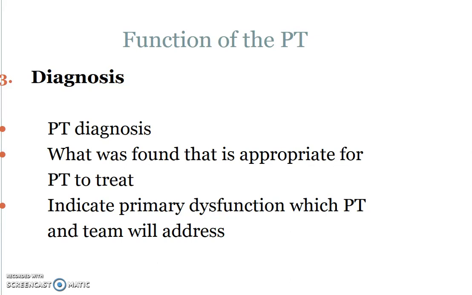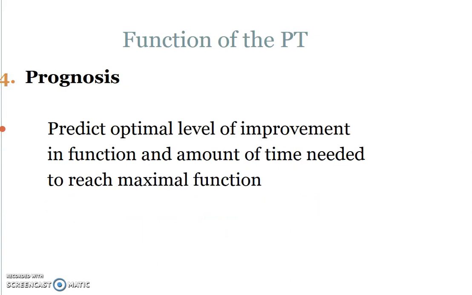The PT will not diagnose something like diabetes or a myocardial infarction, but they may look at some of the results of those things. So it may be weakness, it may be decreased balance, it may be decreased strength. And the prognosis is the expected outcome.